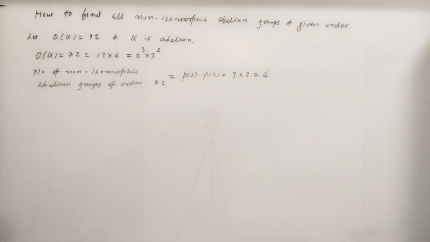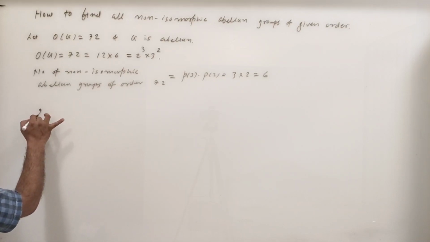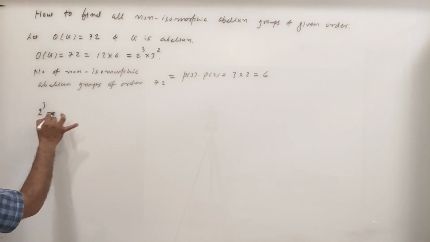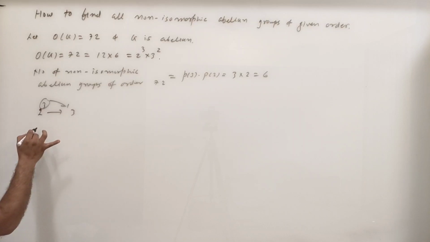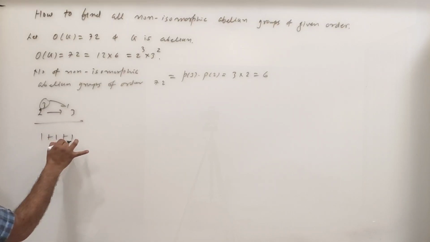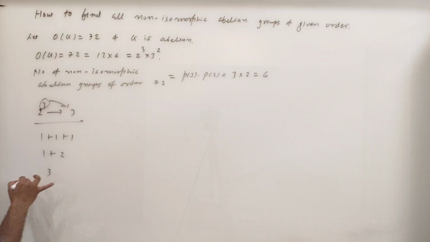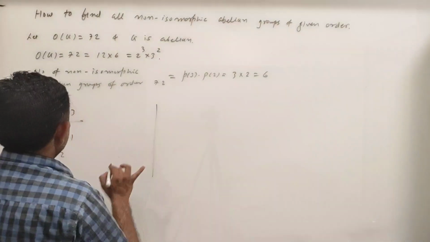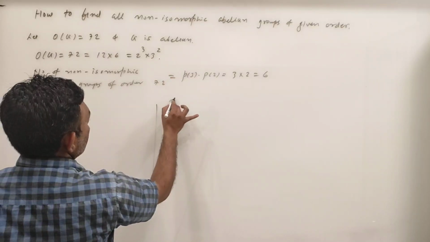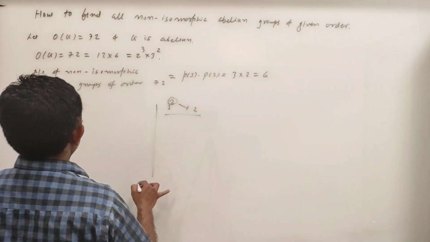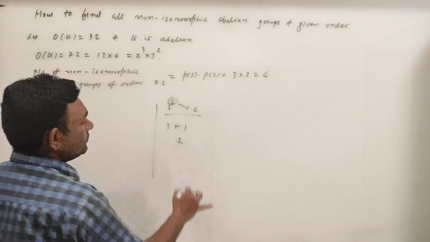कैसे फाइंड करेंगे? सो ये 2 क्यूब में से आप निकालो 3 दिस पावर एंड 3 का पार्टीशन 1 plus 1 plus 1, 1 plus 2 and 3, and then you look at the 3 square में से 2. Now 2 का पार्टीशन 1 plus 1 and 2.